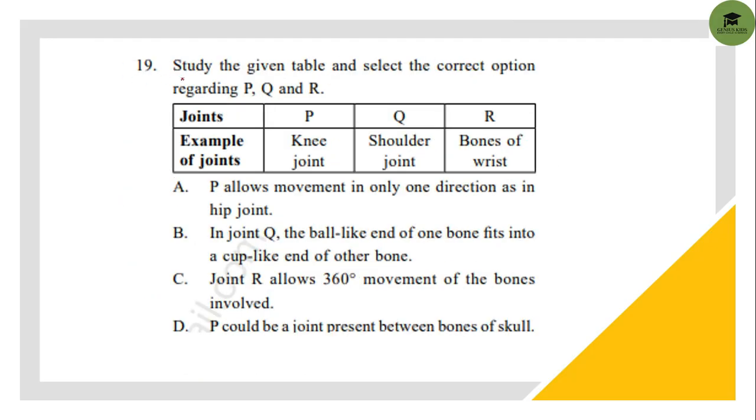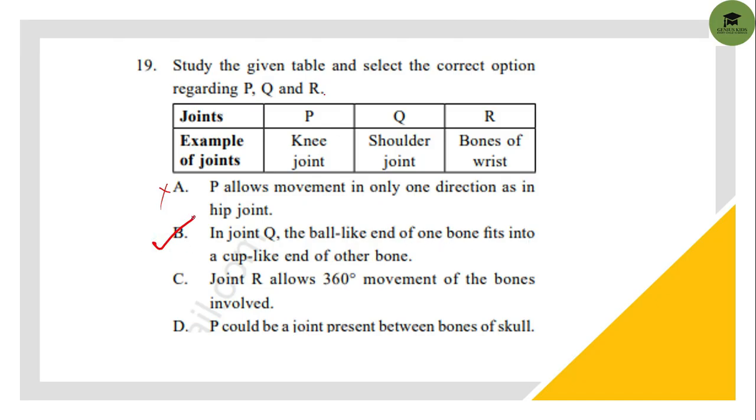Study the given table and select the correct option regarding P, Q and R. P is knee joint, Q is shoulder joint and R is bones of wrist. Now we need to find out which is the correct statement regarding P, Q and R. P allows movement in only one direction as in hip joint. No. In joint Q, the ball-like end of one bone fits into a cup-like end in the other bone.